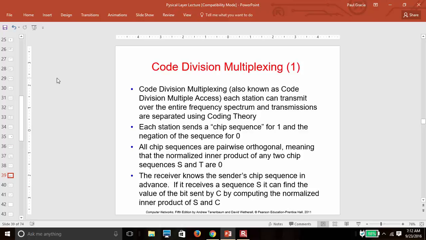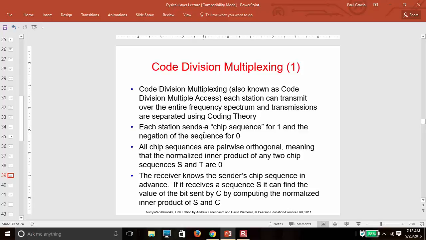Code division multiplexing is being in a room where there's a bunch of people talking, but you and some other person can speak to each other without being distracted by other people because the other folks are speaking English and you're speaking French. So that's what code division multiplexing is like.